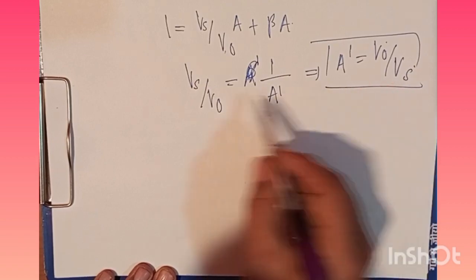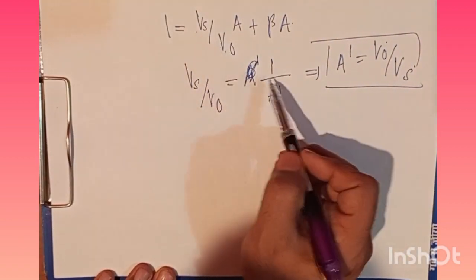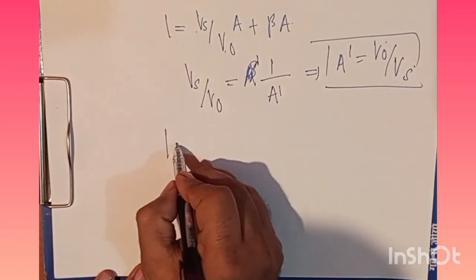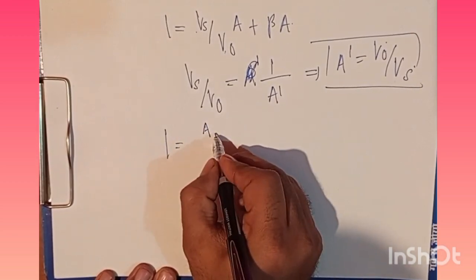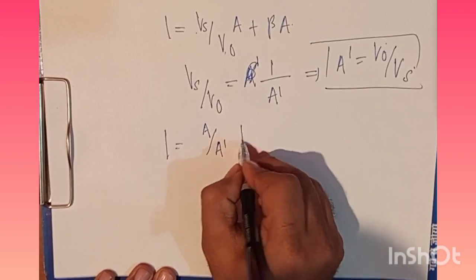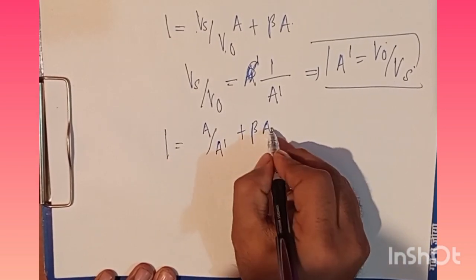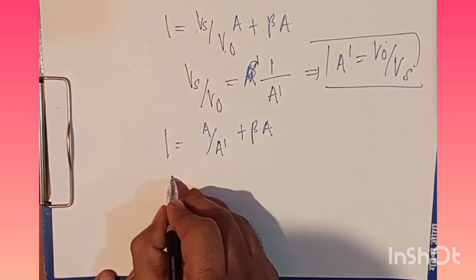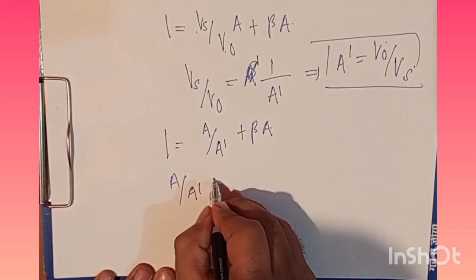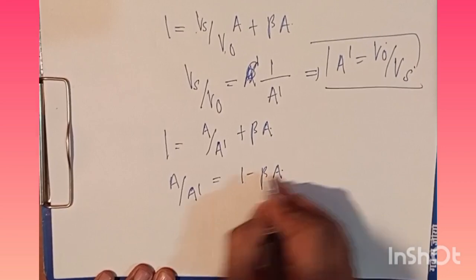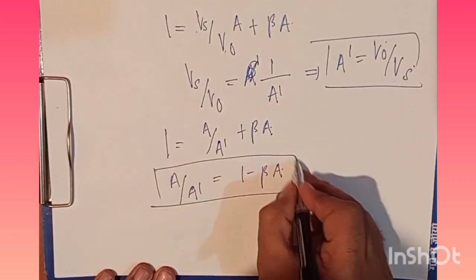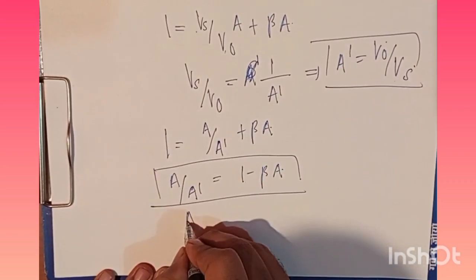Now if this is the case, then here I have to use 1 by A dash. So 1 must be equal to A by A dash plus beta A, right? So I can write A by A dash is 1 minus beta A. Okay, so I can take the reciprocal.